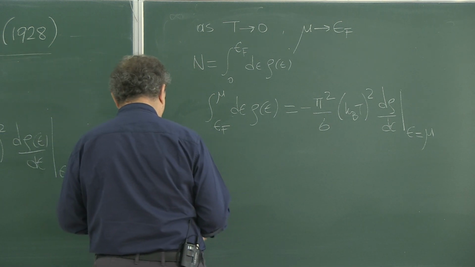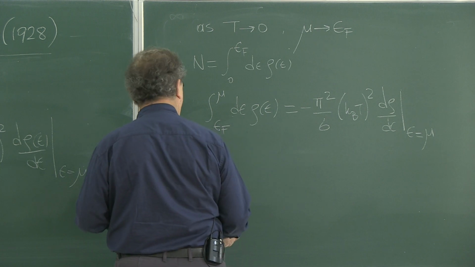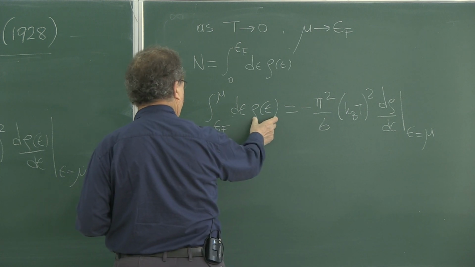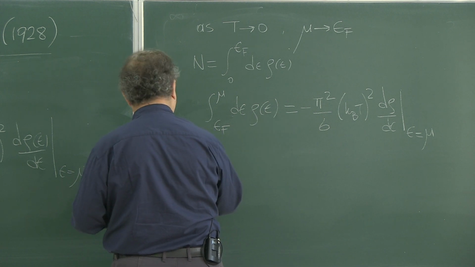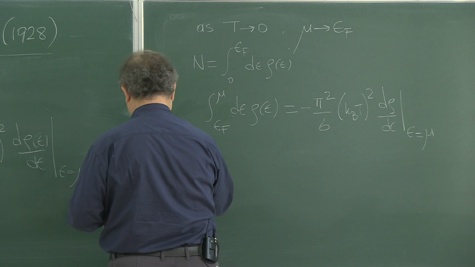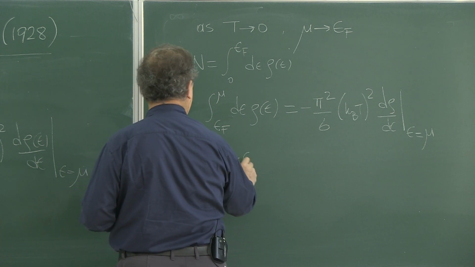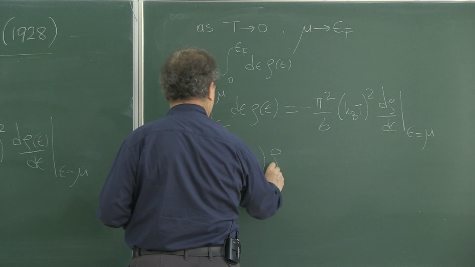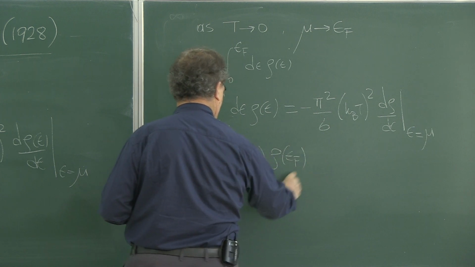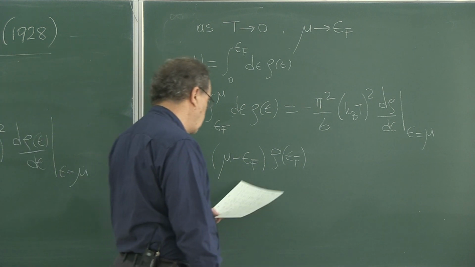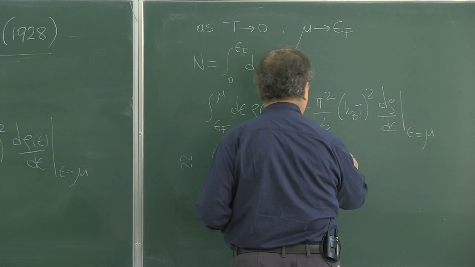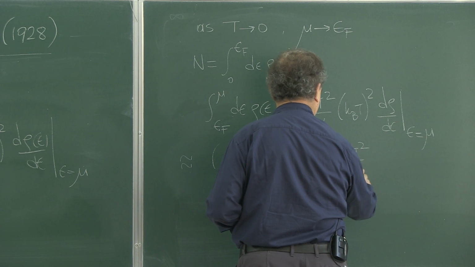Now, this is a small term, and keeping the value at the Fermi energy, I can write this approximately as (mu minus EF) times rho(EF). Taking the density of states at the Fermi energy, take it out, and that's it. And that must be minus pi squared over 6.